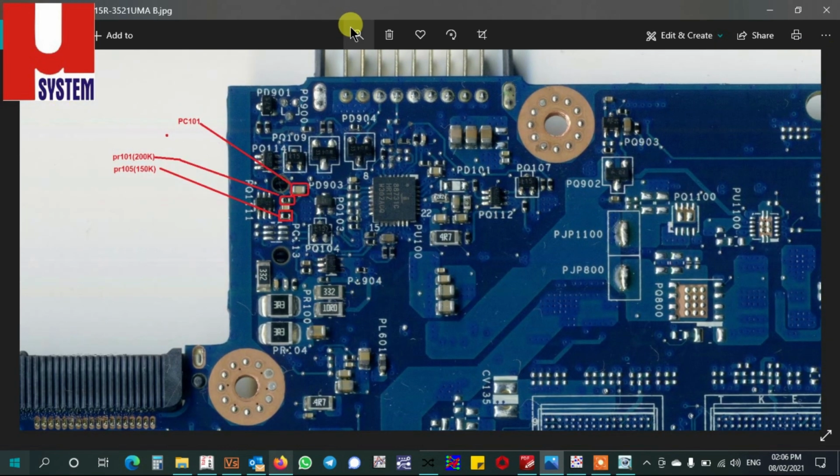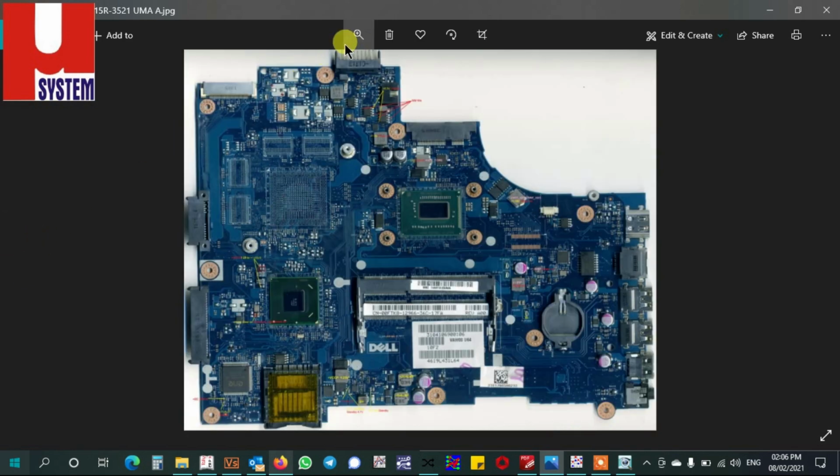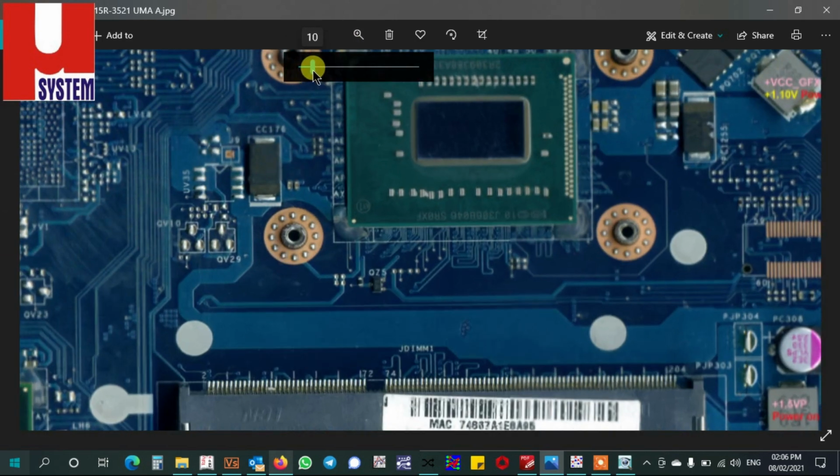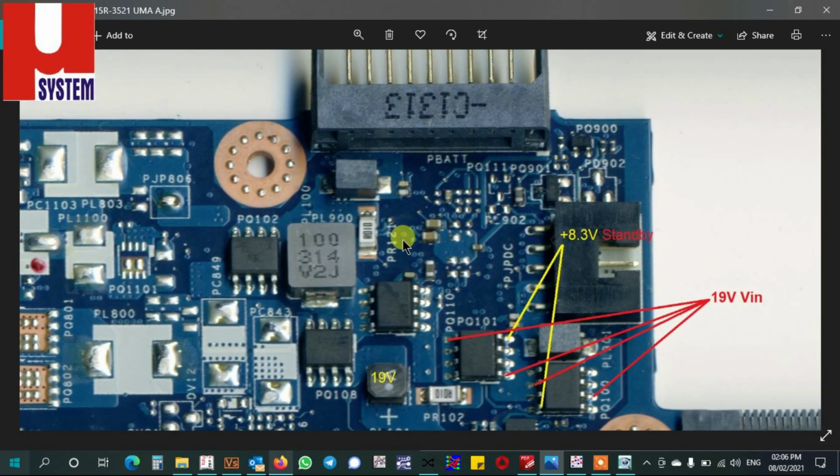It must be on the backside picture. As you can see, this is the PR121, which is this is the 8 and 9 number. This is 8 and 9 number pin.